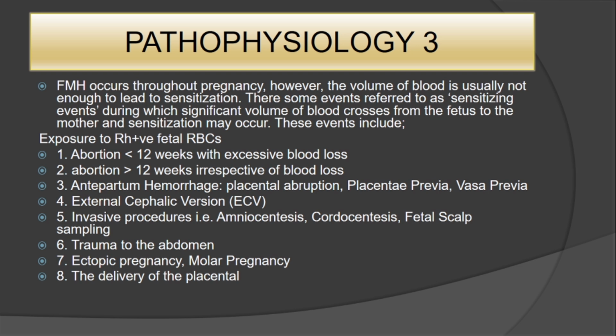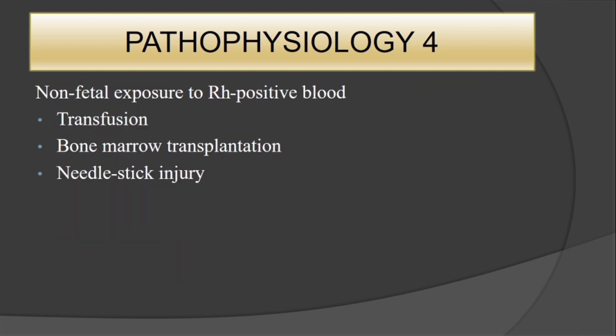Trauma to the abdomen that is significant enough to cause a breach in the placenta can lead to fetal-maternal hemorrhage. Fetal-maternal hemorrhage can also occur in ectopic pregnancy, molar pregnancy, and even during delivery of the placenta at normal delivery.